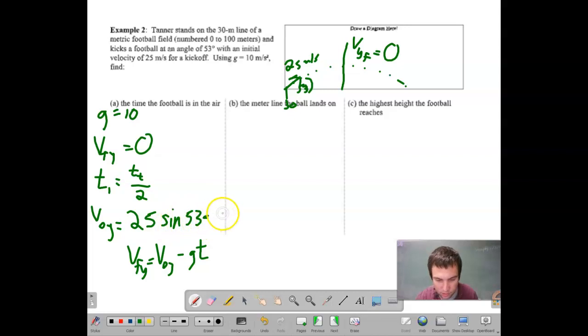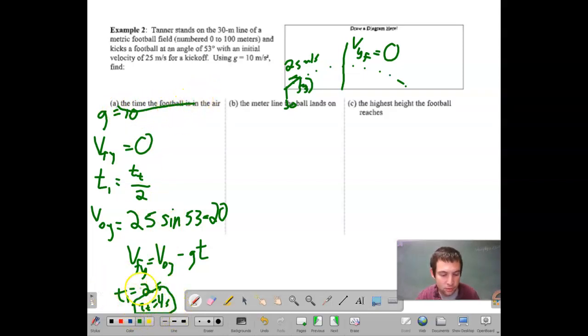And when you do that, you get 20 meters per second. So plugging all of this in and rearranging for t, you should get, use this as a check, t equals 2 seconds. And that's only your half time. So the total time equals 4 seconds.